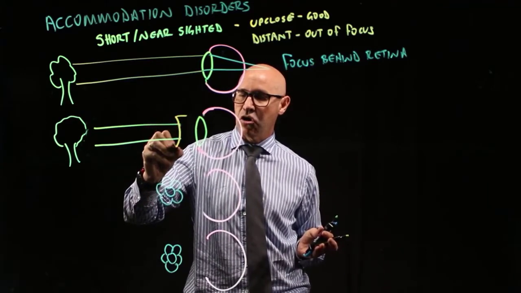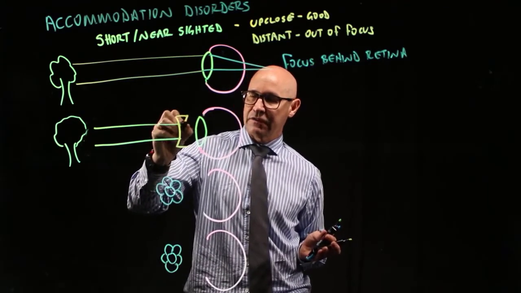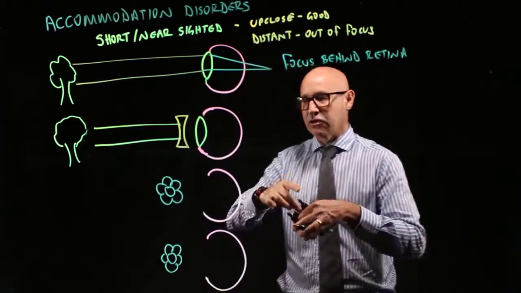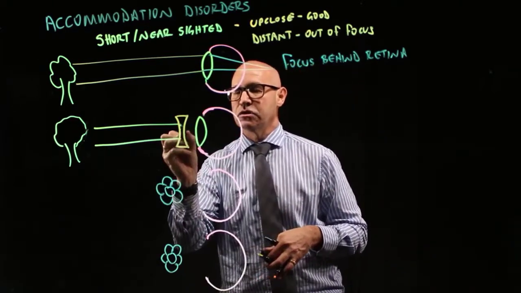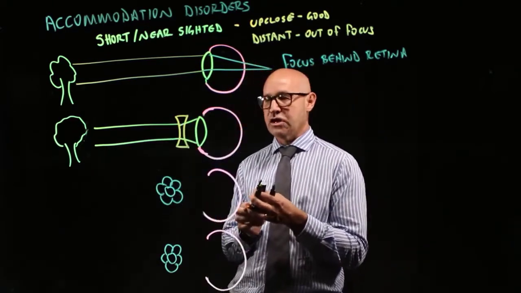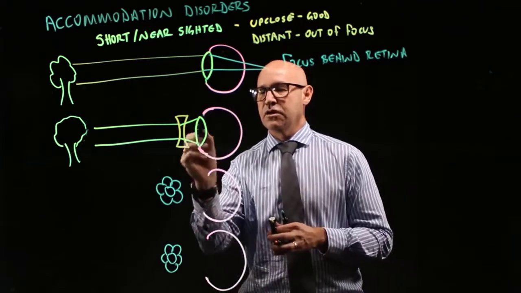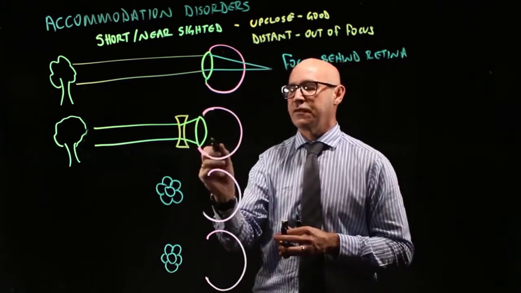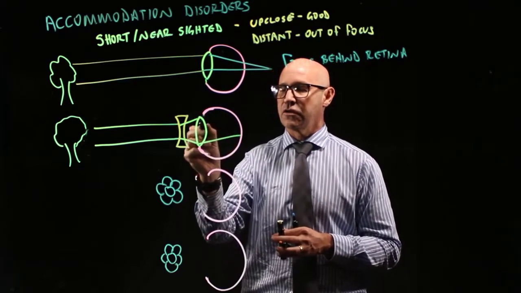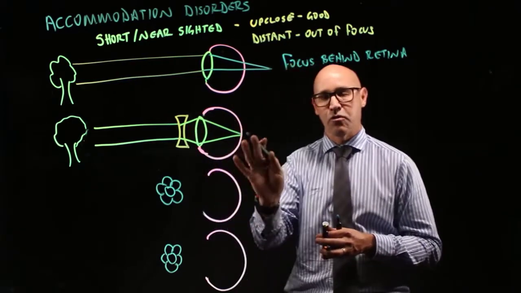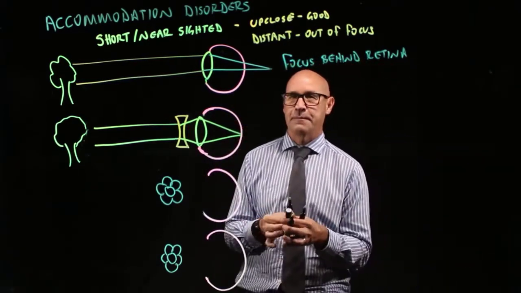So I'm going to put a concave lens here to make the light rays diverge. So the light rays come in on a sharper angle. Then they bend with the thick lens so that the focal point is on the retina.